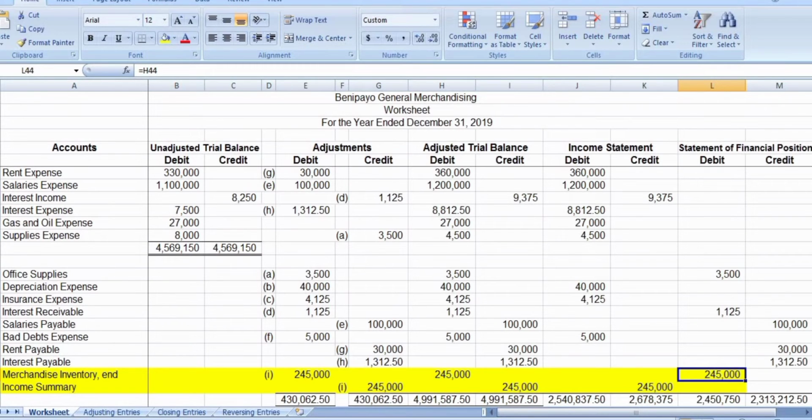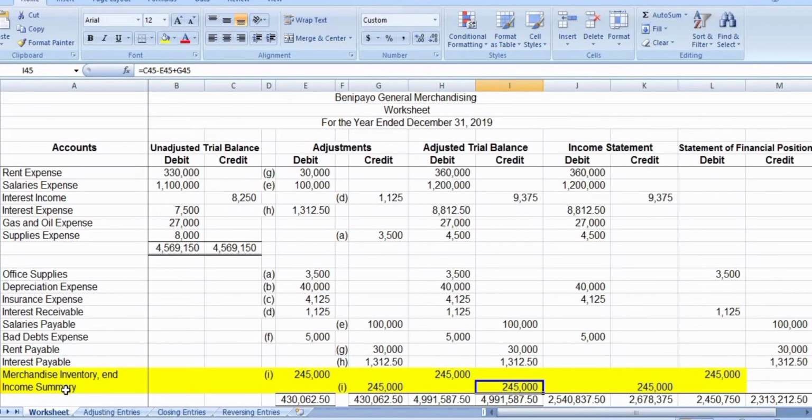And that merchandise inventory end to appear in the income statement is represented here by this income summary account in the amount of 245,000.